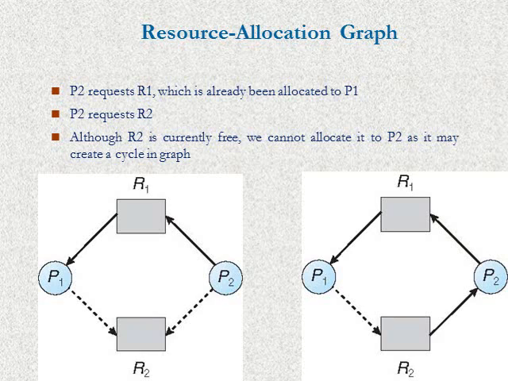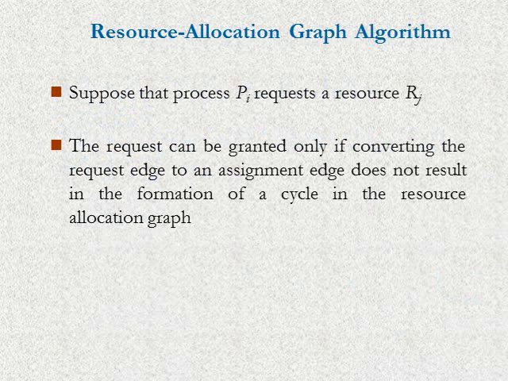Over here we have that modified diagram where you can see that by converting this request edge into an assignment edge, we have a potential cycle in this system. So we will straight away avoid it. The algorithm of utilizing the resource allocation graph for the avoidance of deadlock is quite straightforward.